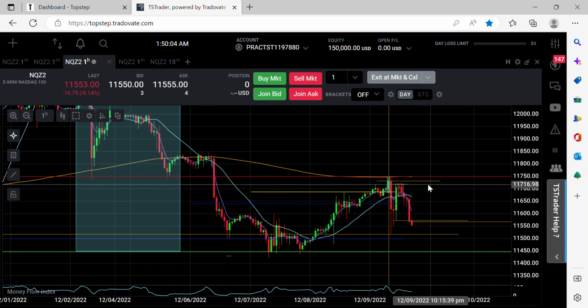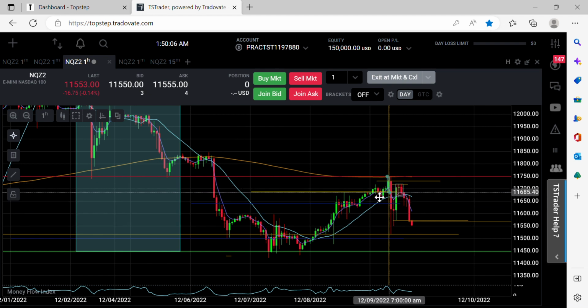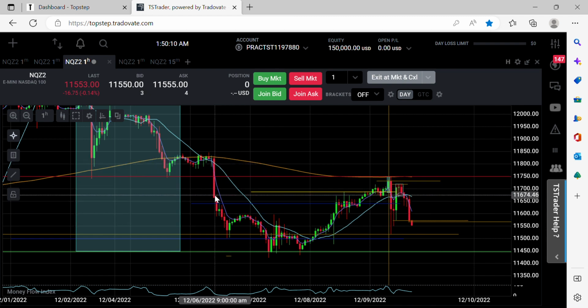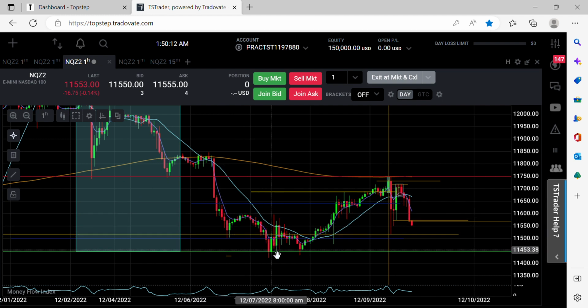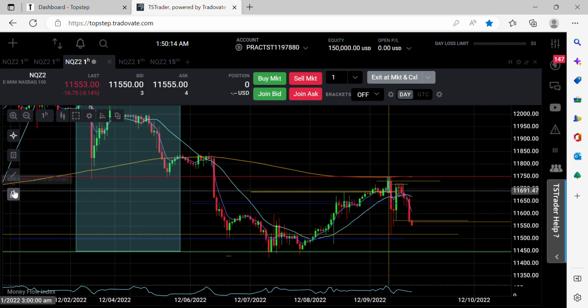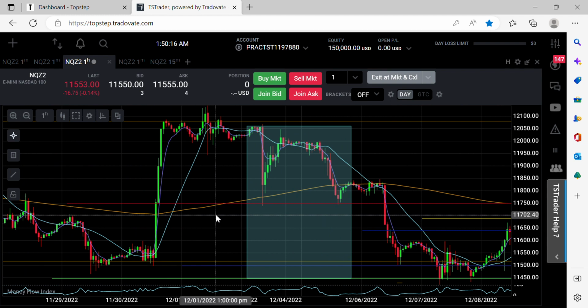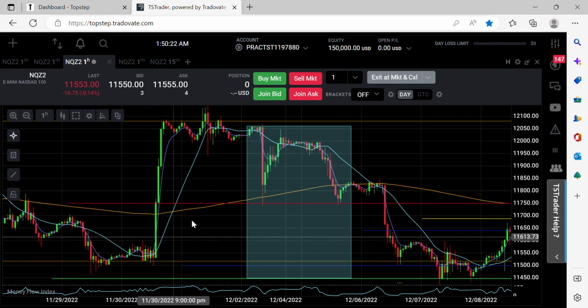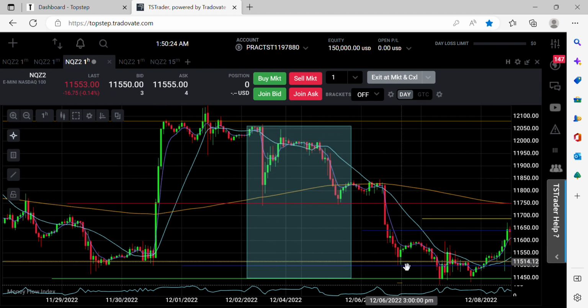So here's an example like we had here. We had a retrace, but here's an example where we had a major candle, right? And an absolute trace down to there. But if we go back in time, we can see that it was just simply completing this move, which it did.